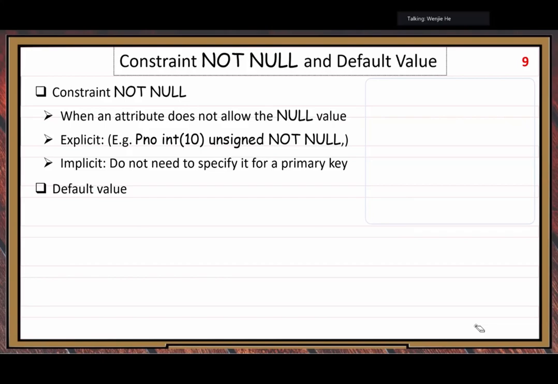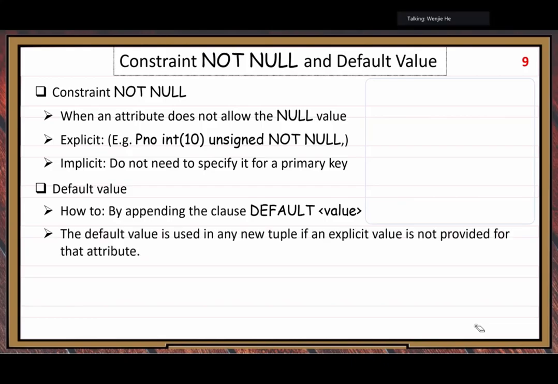Then you do not need to do any work to get it resolved. You have this option. Appending the default clause, you provide the default value after the default keyword. The default value is used in any new tuple if an explicit value is not provided for that attribute, for that attribute with not null constraint.